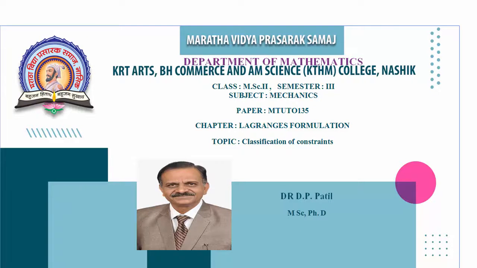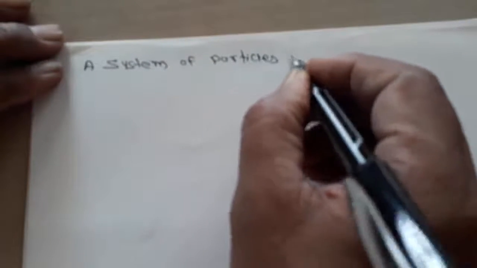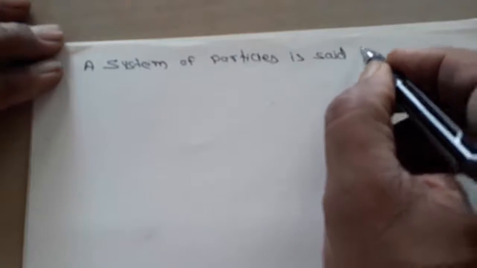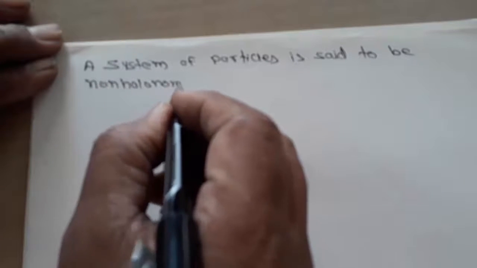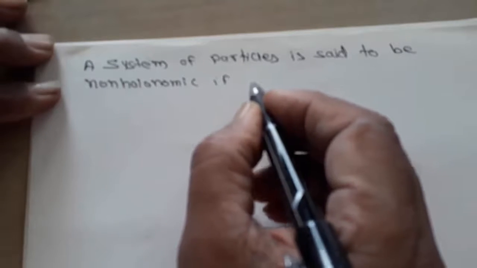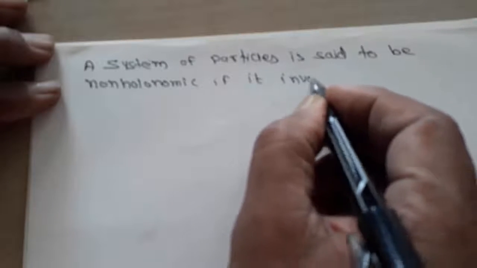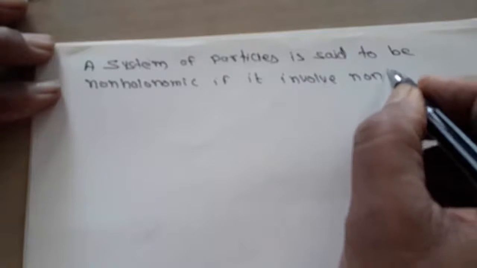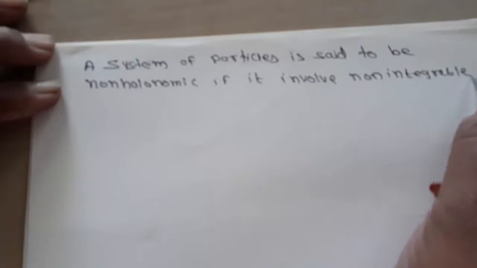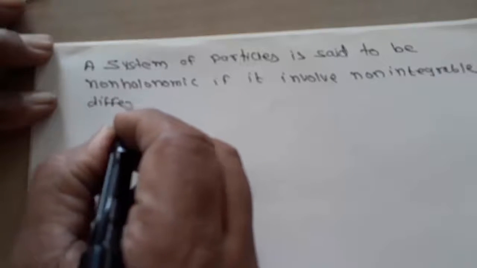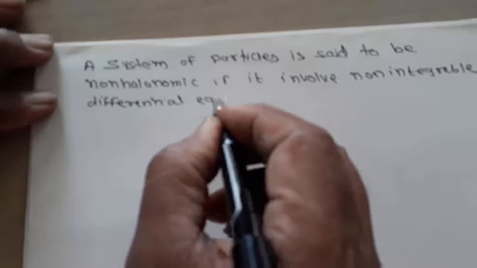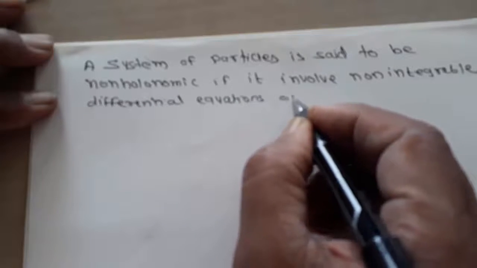Now we will learn classification of constraints. A system of particles is said to be non-holonomic if it involves non-integrable differential equations of constraints.